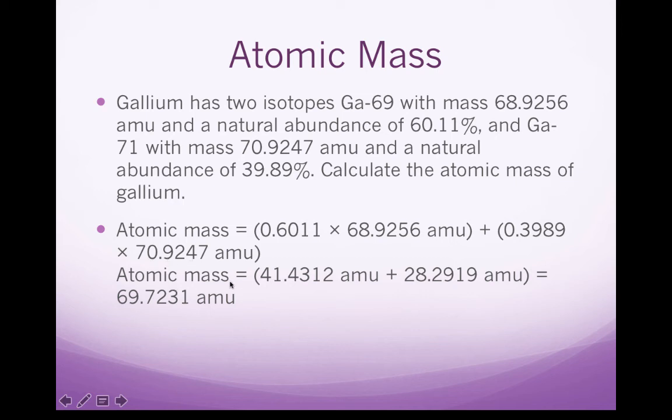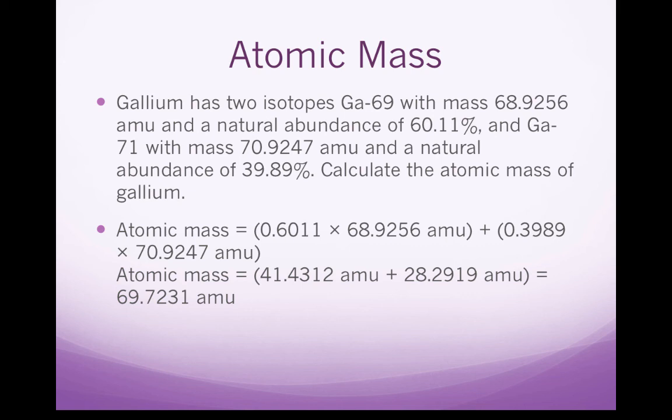So then we get the atomic mass is equal to 41.4312 AMU, that's from here, plus 28.2919 AMU, that's from this part, and we get 69.7231 AMU.